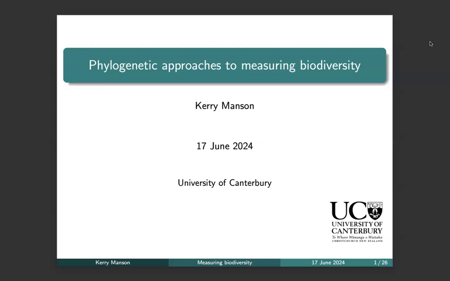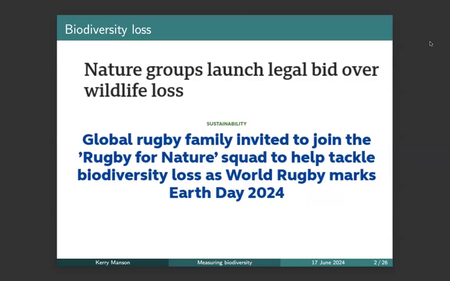Because what happens is sometimes you can see news headlines that look like this: nature groups launch legal bid over wildlife loss. And in some sense, I assume that part of their bid is going to be measuring this loss and quantifying it in some way.